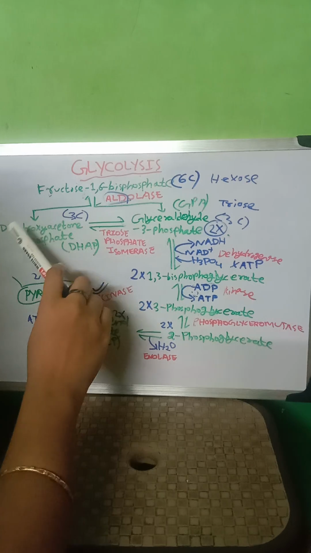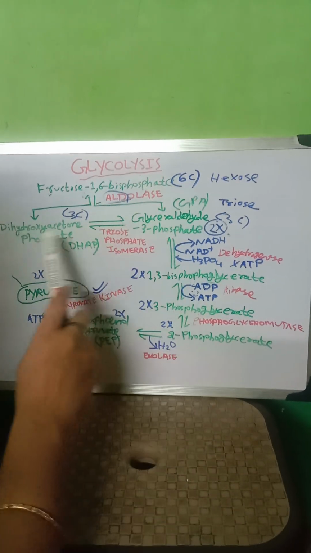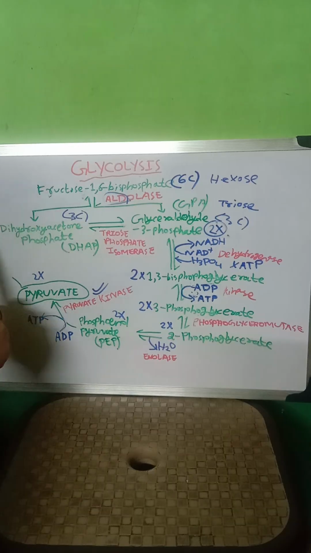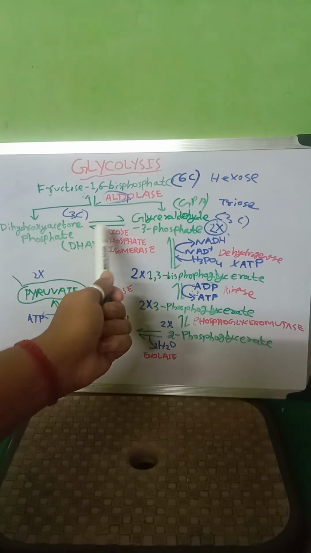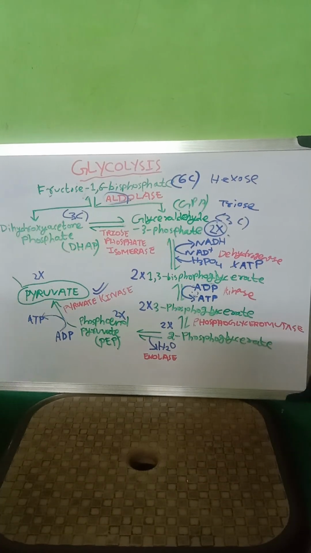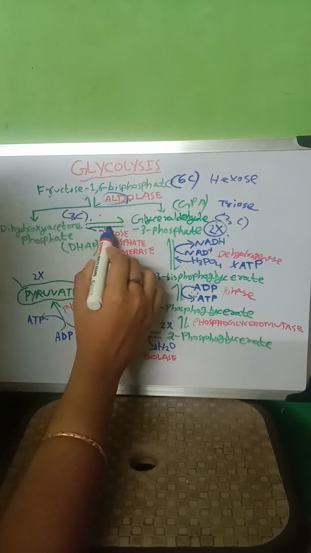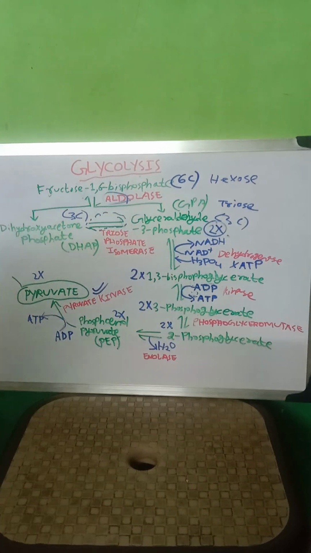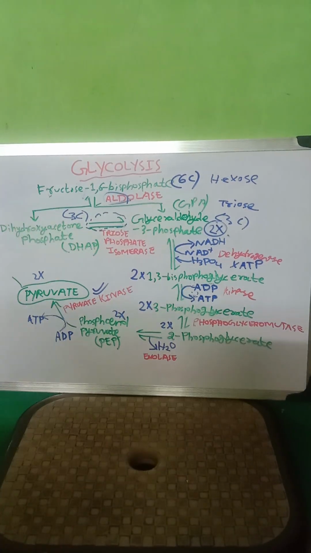Now that we have converted the 6 carbon sugar into 3 carbon, these are 2, this is 1, this is 1. You can see this sign. Acha, I've not said one thing in the previous video. Can you guess what it is? I have not explained about this kind of sign. This kind of sign means the reaction is reversible.